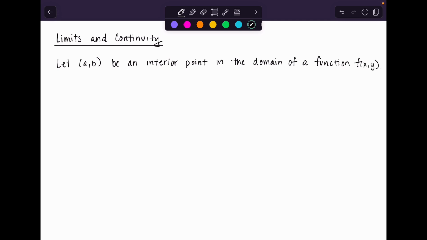This concept does extend to functions of more variables, and has a very analogous approach. It just depends on what the distance looks like in whatever that space is. But we're just going to work with two input variables.